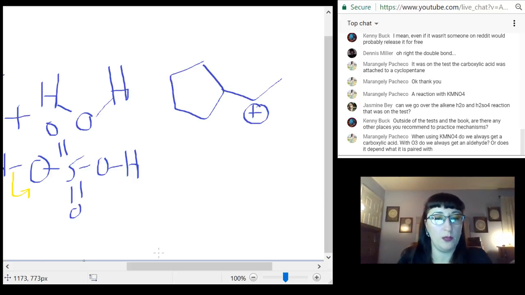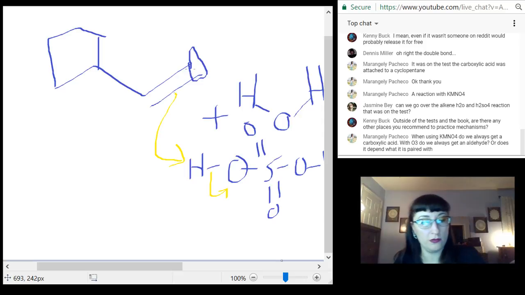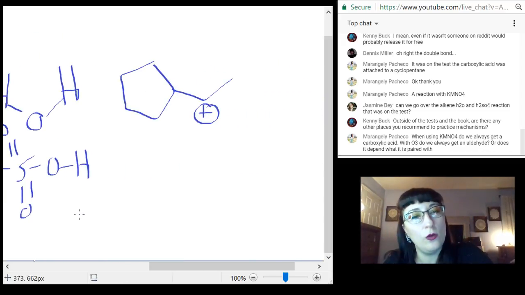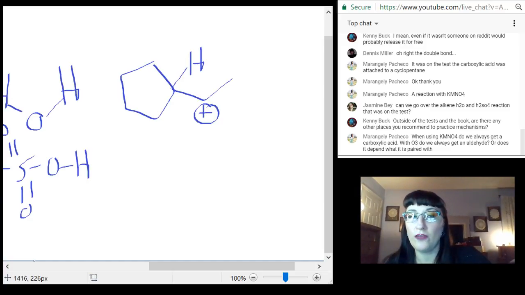So you picked up a proton to put on that spot there, opening it up as a hinge. That follows Markovnikov's rule.